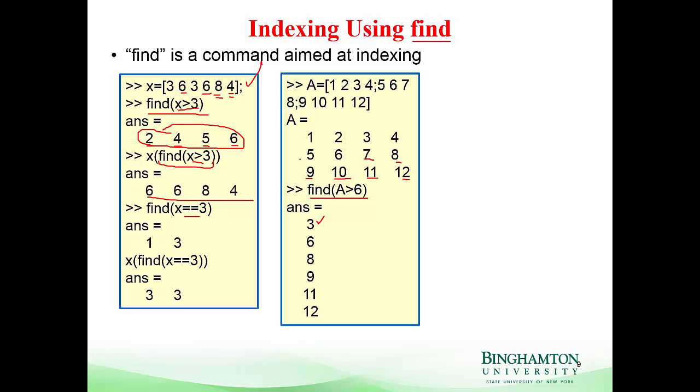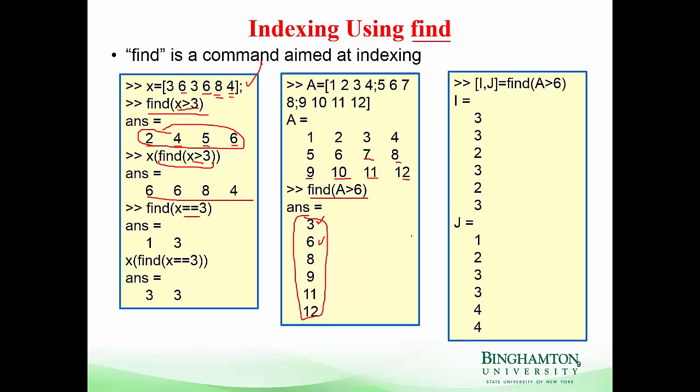It returns 3, so that's 1, 2, 3, 9 is the third one, 4, 5, 6, 10 is the sixth one here, 7, 8, 9, 10, 11, and 12. So it puts into a column the scalar or the single indices into the array. And so that is one time when you're kind of forced to use that. But you can trick it.